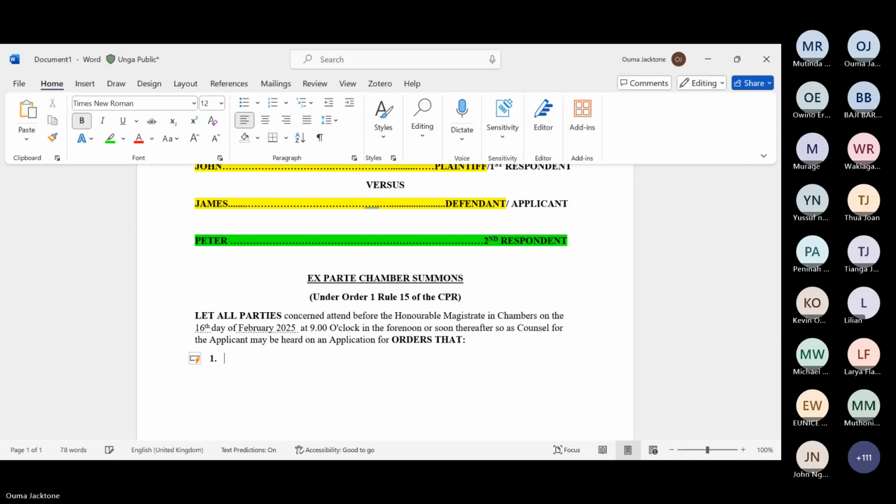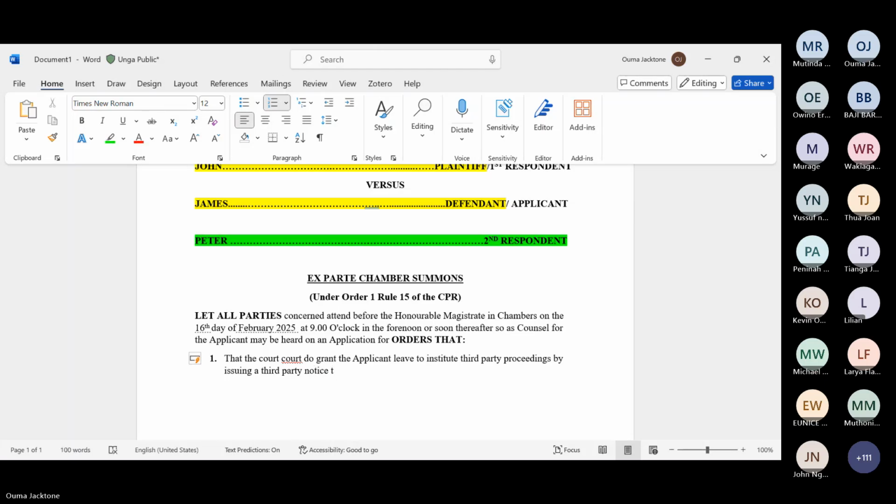So the first one: that the court do grant the applicant leave to institute third party proceedings by issuing a third party notice to who?